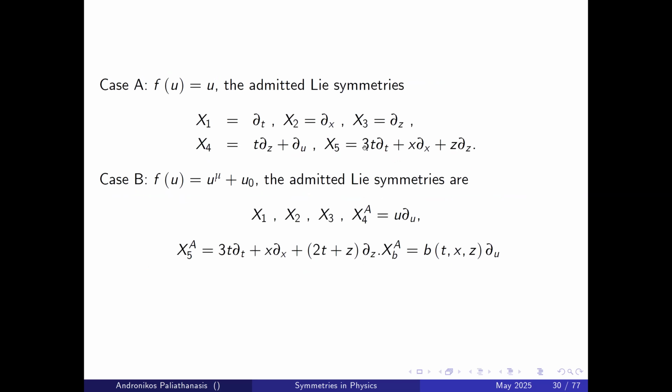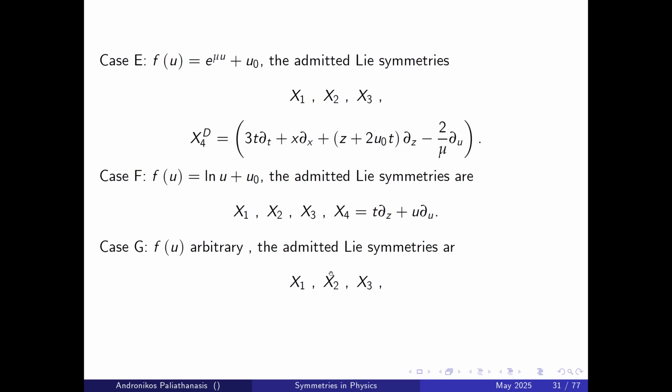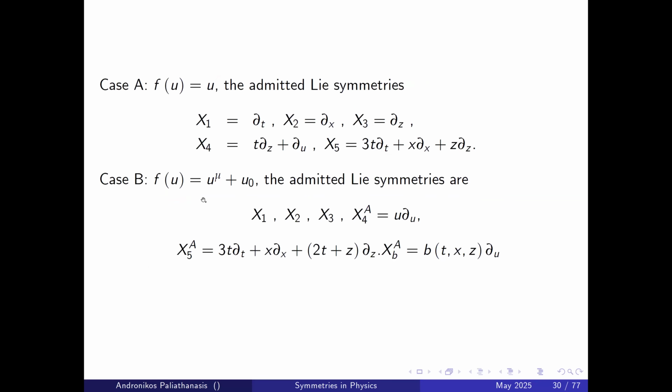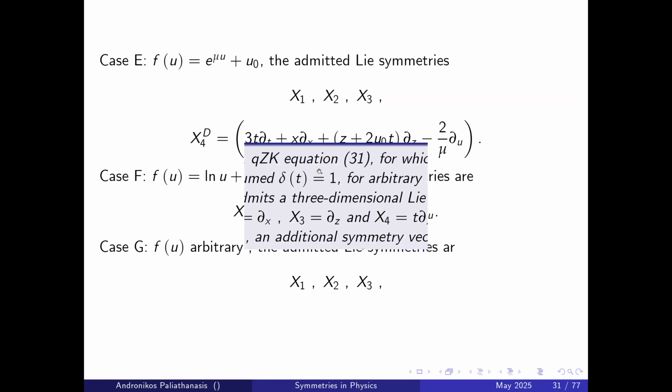However, all of them possess a common set of symmetries, which is x1, x2, x3. Some functions of u have a 4th symmetry, while for the two functions we found before, the linear and the constant, we remove the u term, that is, we set mu to be 0. So this is a maximally symmetric case, as the two cases above.